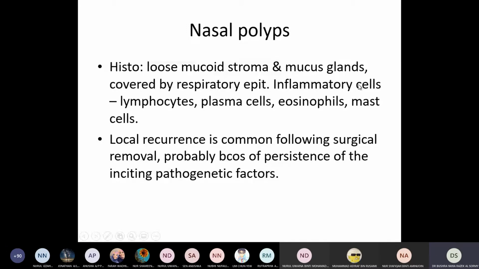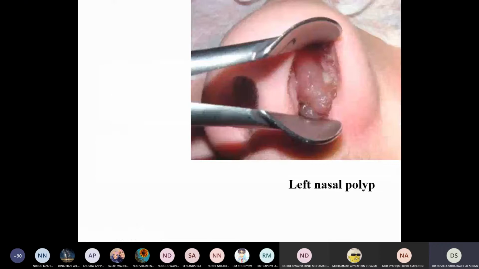Also, the stroma has inflammatory cells: lymphocytes, plasma cells, eosinophils, and mast cells. Recurrence is common following surgical removal, probably because of the persistence of initiating pathogenic factors, since most nasal polyps are due to allergic conditions. So you can see this is the nose, and this is the polyp.